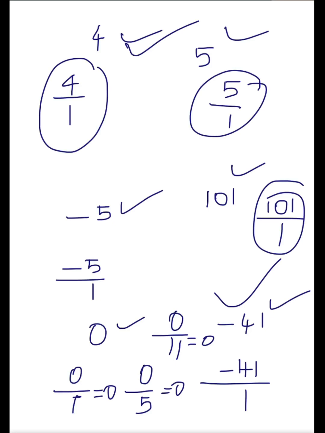That means rational numbers include integers. All integers are rational numbers. You can prove this by taking any integer, and any integer can be written in the form p by q. So all integers are rational numbers.